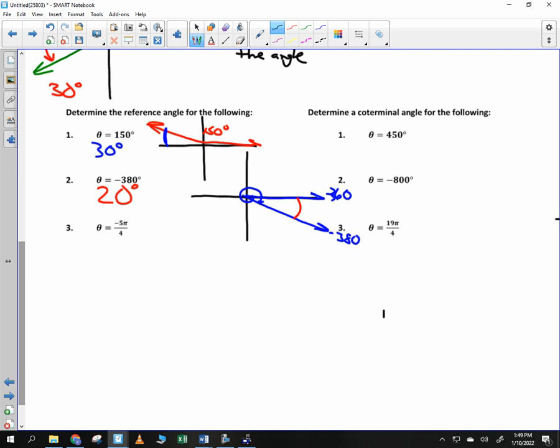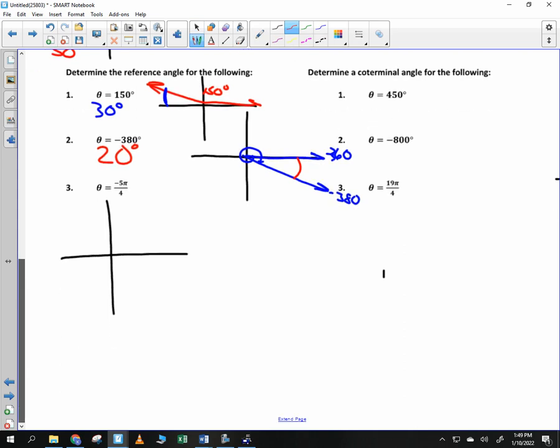So notice the next one, negative 5 pi over 4. Pi over 4 was how many degrees? 45. So remember with pi over 4, we were just looking at a bunch of 45s.